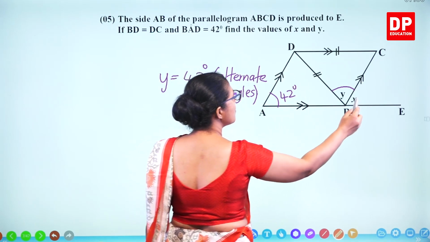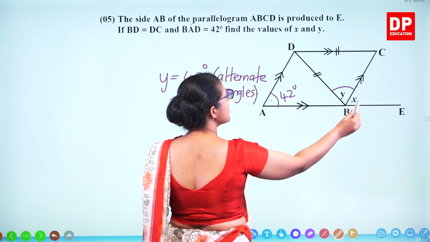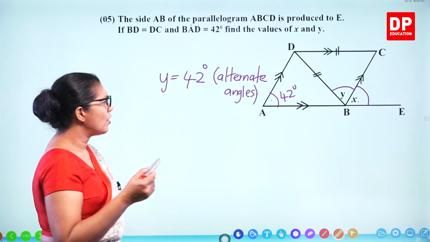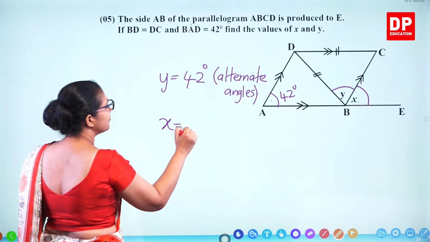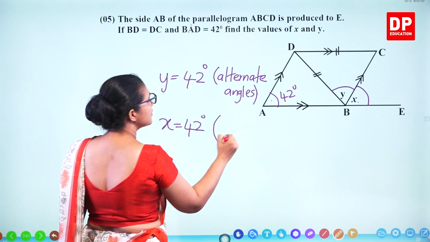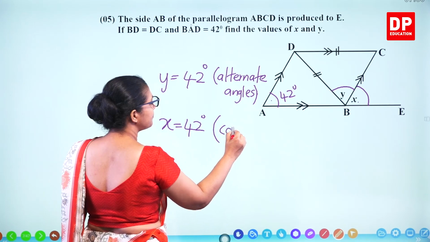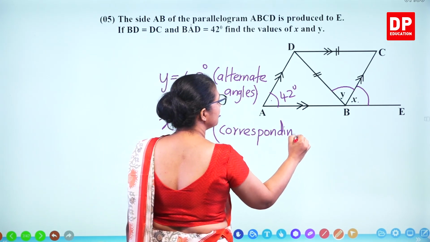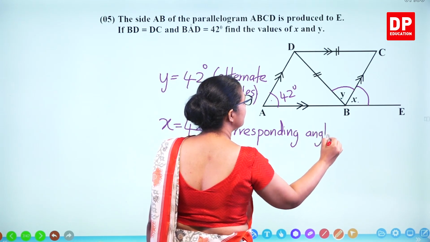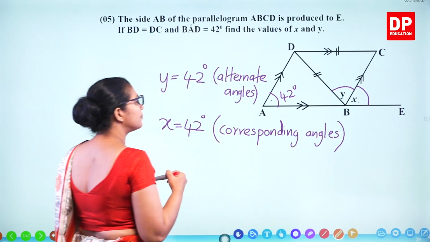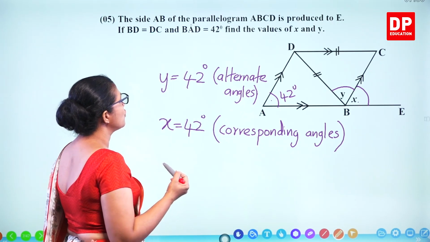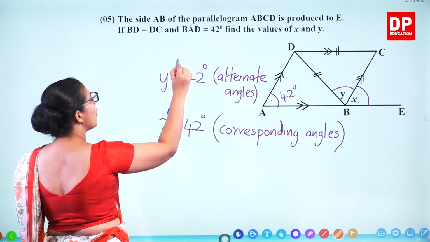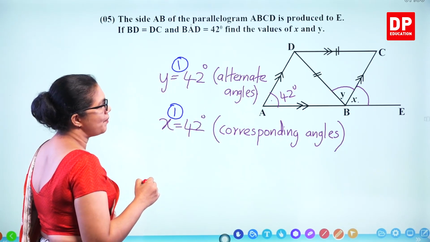You can straight away write down x also. What's this and this? Two parallel lines. x is 42. What's the reason? Corresponding angles. So x is 42 and y is 42. So 1 mark for x, 1 mark for y value.